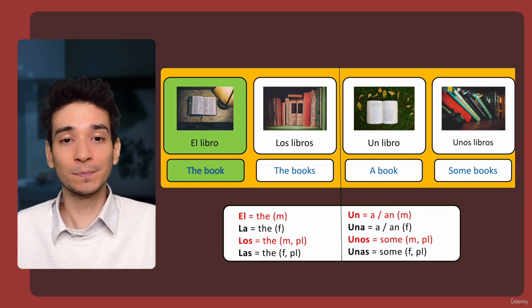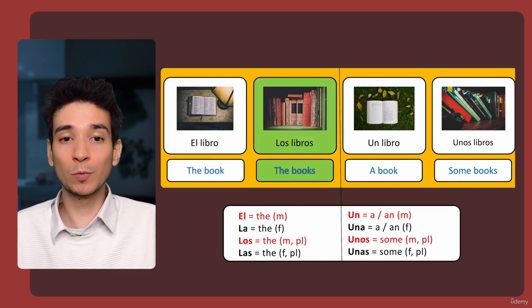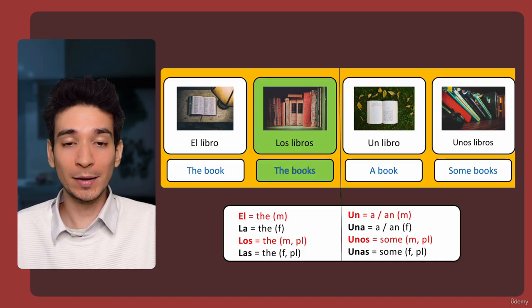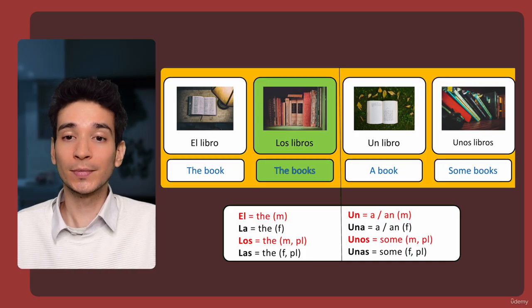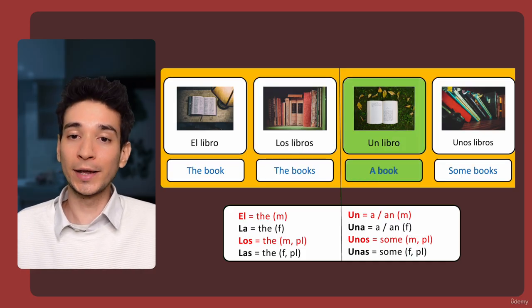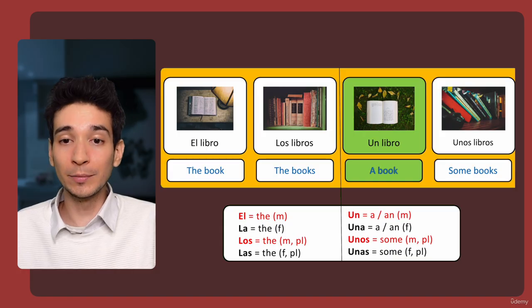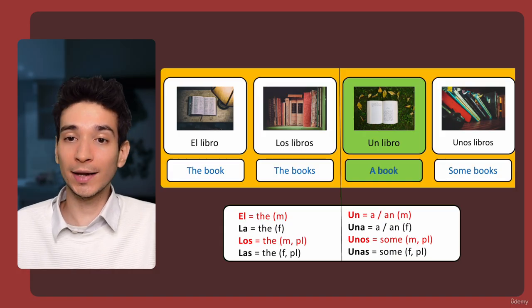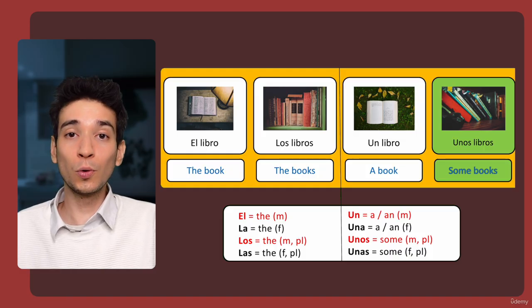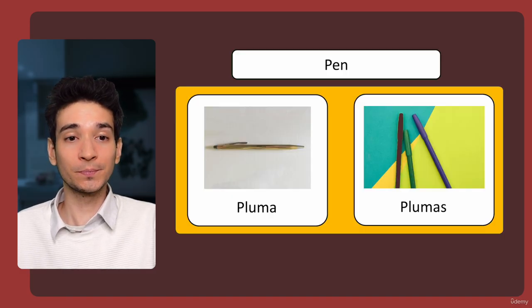If you want to make it plural, we would say los libros, the books. And if you want to say a book, we can say un libro, a book. And to make it plural, we would say unos libros.